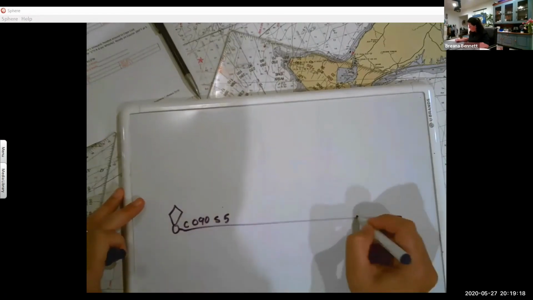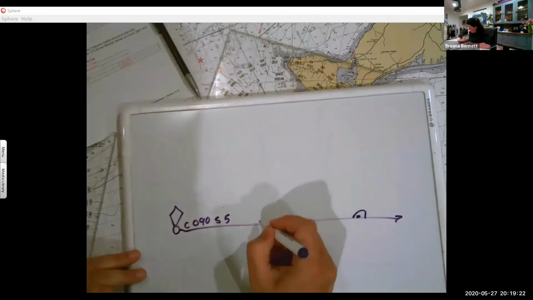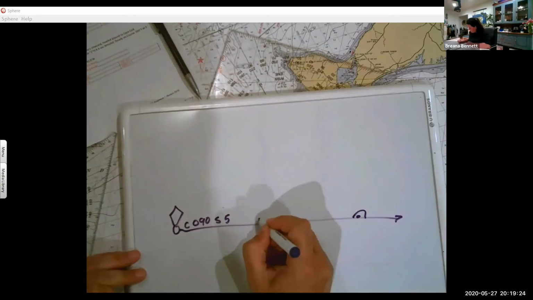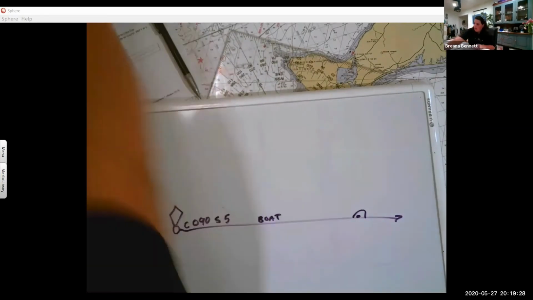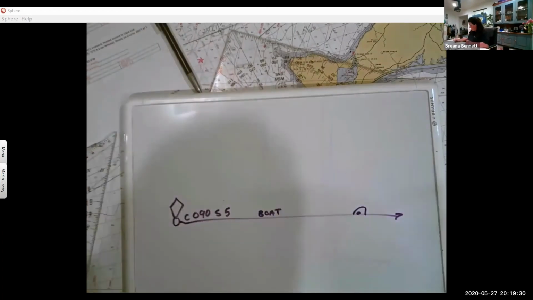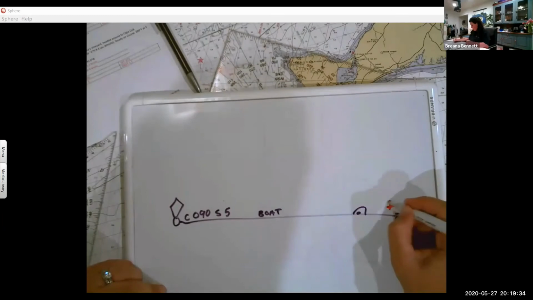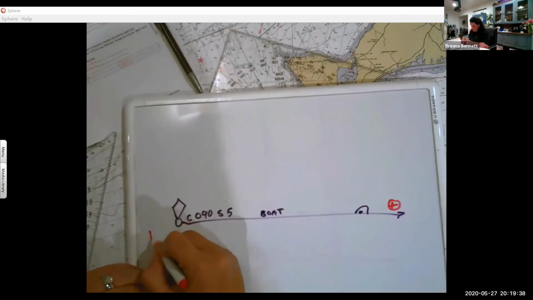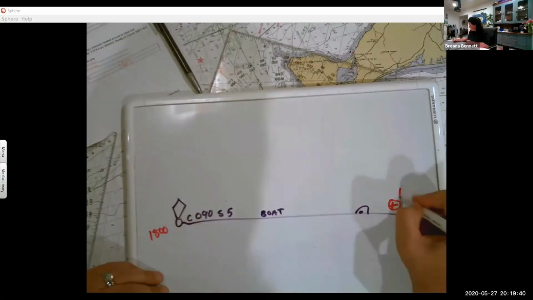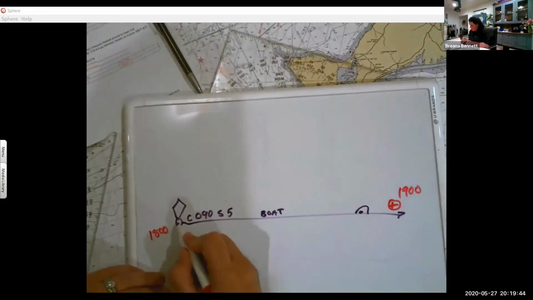So we have a DR. So this is what our boat is doing. But we got a fix right about here. This was 1800, this was 1900. So we connect our 1800.